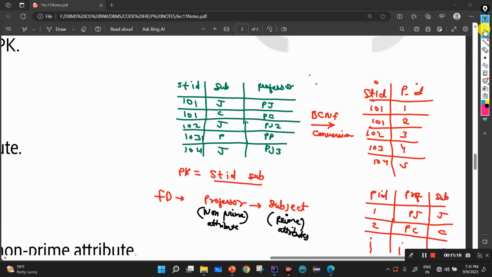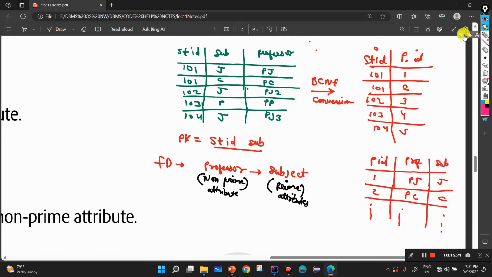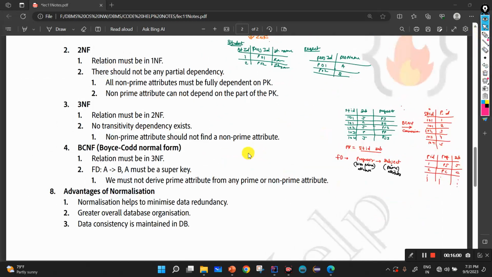I also make another table with professor ID, which is a foreign key in the first table and the primary key in this one. Then professor and subject: PJ, PC, PJ3, and Java and the other subjects. Now the subject cannot determine the professor, and the professor cannot determine the ID. So we have removed this anomaly, and our relation is converted into BCNF. I hope you got clarity on BCNF.